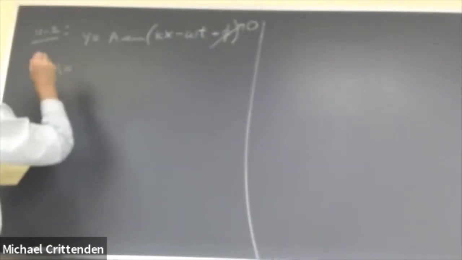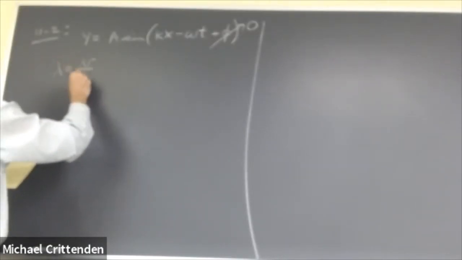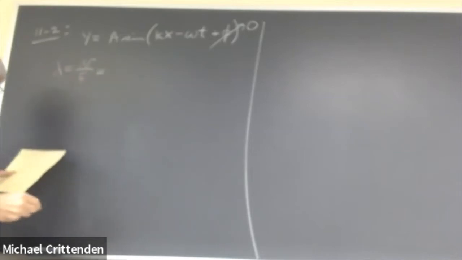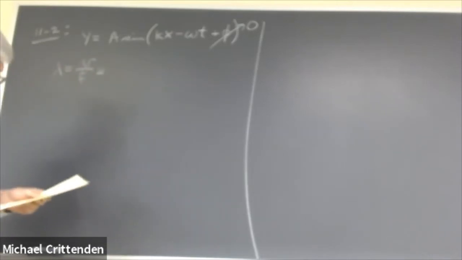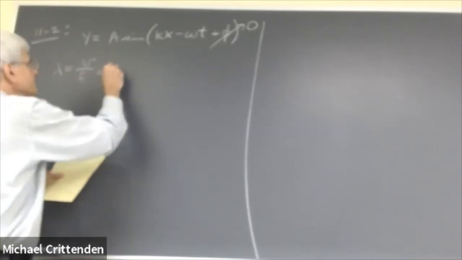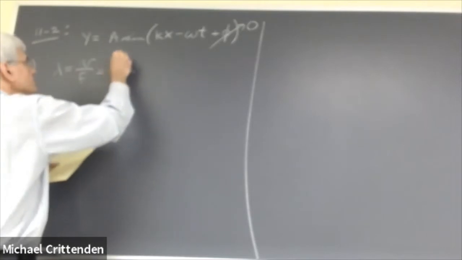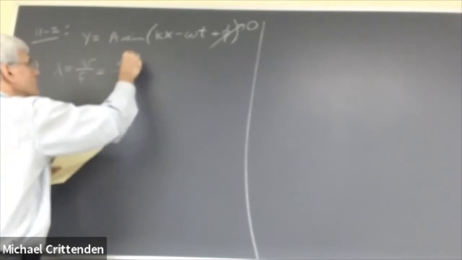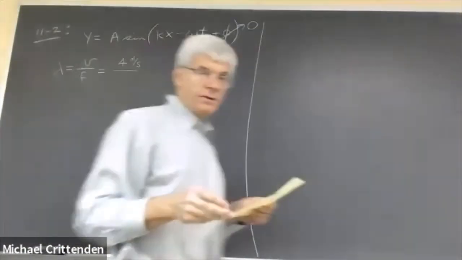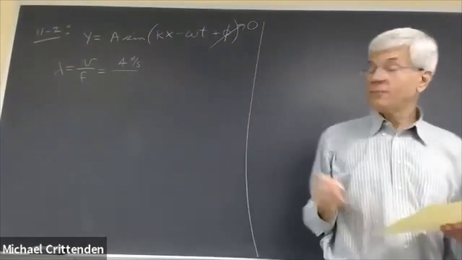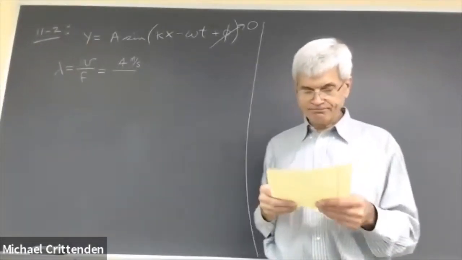The wavelength is the speed divided by the frequency. We're told that these waves move at 4 meters per second.